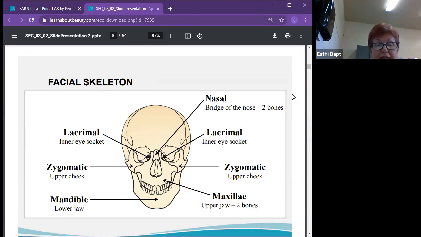The maxillae are 2 bones that form the upper jaw. So it basically splits right here, and there's 2 bones that go right here. So 1 on the bottom and 2 on the top.